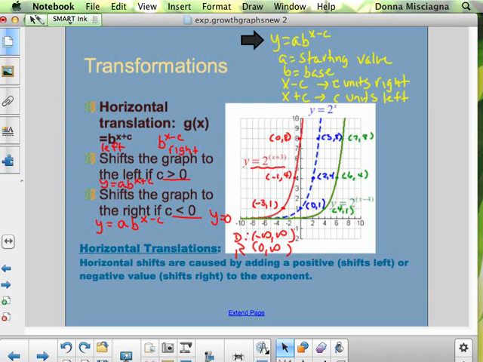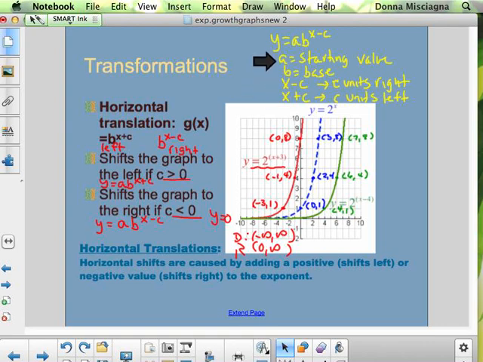This would be a horizontal translation if we add or subtract something to x. A is the starting value, b is the base, x minus c shifts the exponential function to the right, x plus c shifts the exponential function to the left.